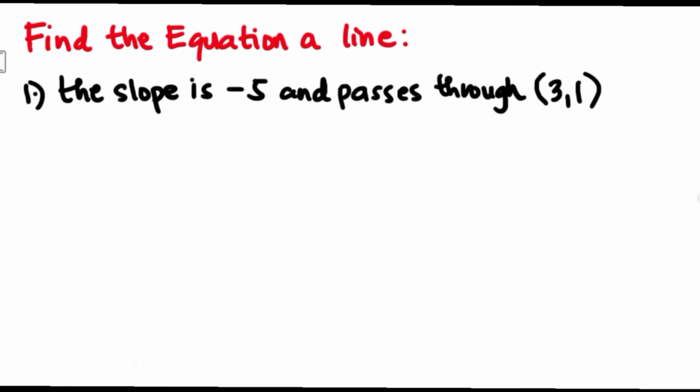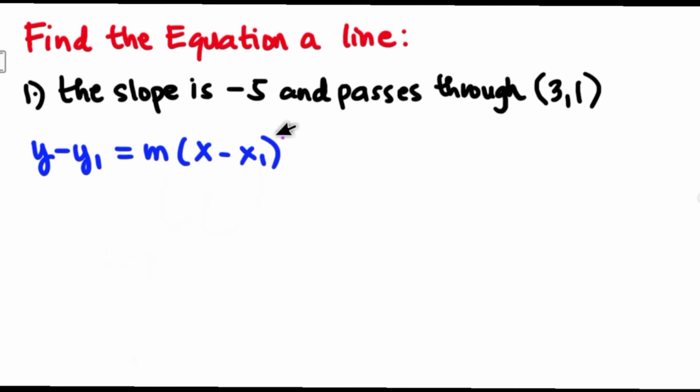So, tuturuan ko kayo ng dalawang technique. Una muna is using the formula. So, given yung slope at saka isang point, pwede po natin gamitin yung point slope form. So, ang formula dun is y minus y sub 1 is equal to m times x minus x sub 1.